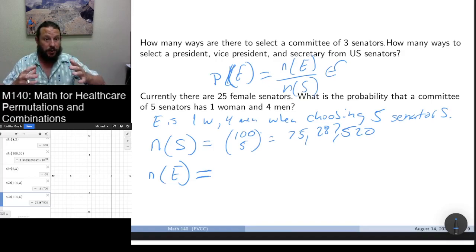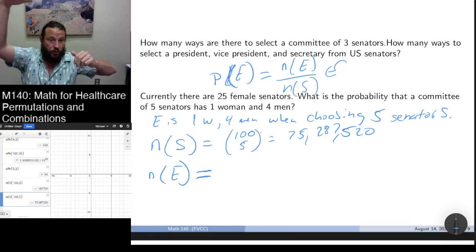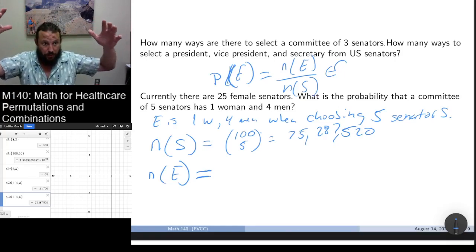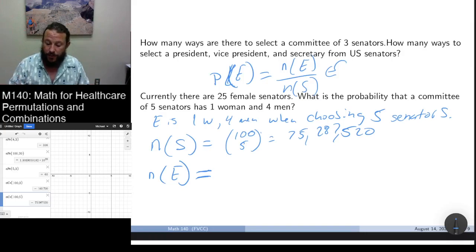I got this bin of 100, and I'm choosing out 5 of them. Men and women in one bin. Then, for the size of our event, now I separate them into 2 bins. I got the bin with just women and the bin with just men.